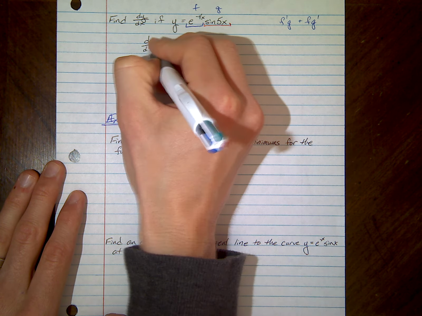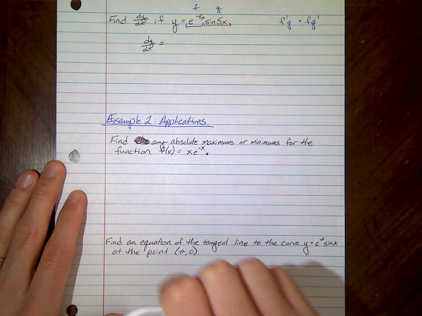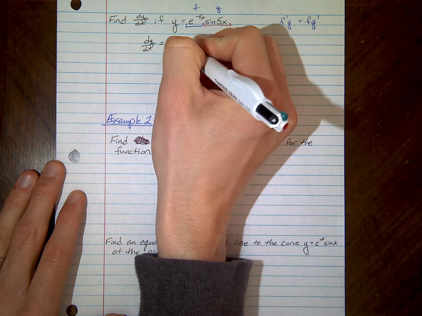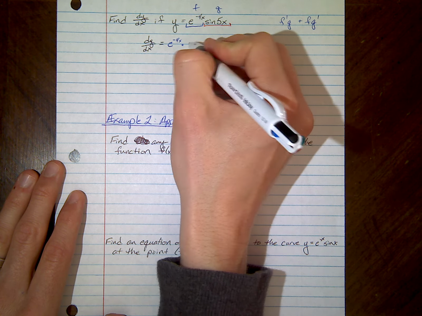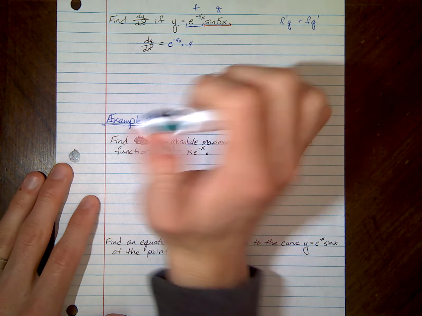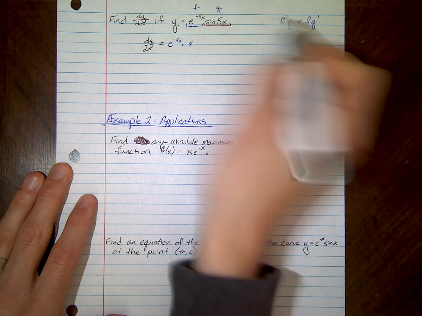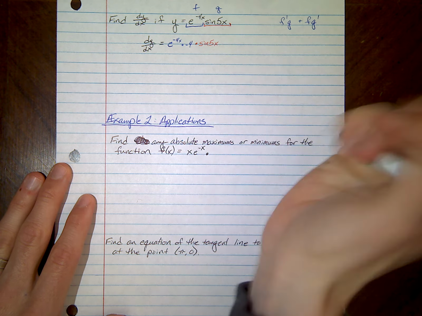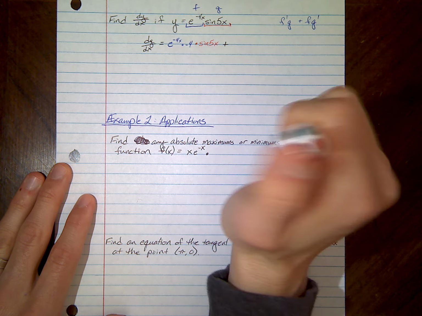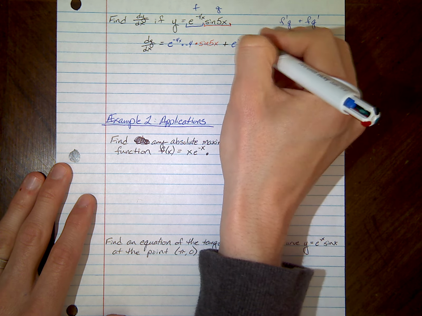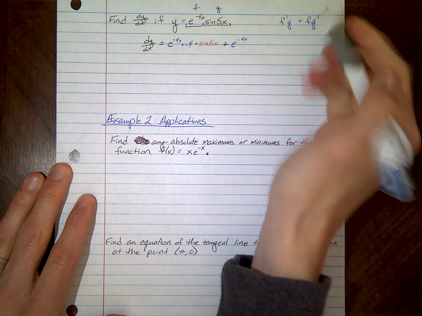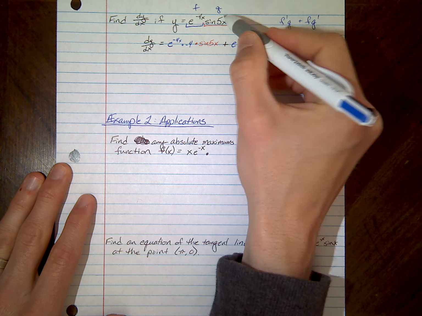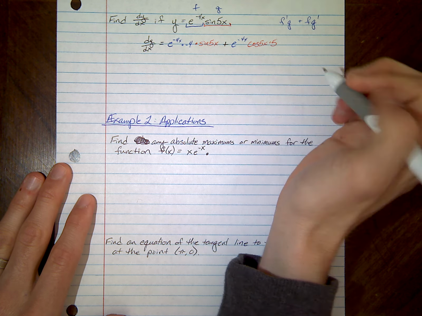So dy dx is equal to f prime, so the derivative of e to the negative 4x. Again, that would be e to the negative 4x times the derivative of negative 4x, which would be negative 4. Okay, that's that times g, which is just sine of 5x, okay, plus the original f function, e to the negative 4x, times the derivative of sine of 5x, which would be cosine of 5x, and then again chaining it, derivative of what's inside would be 5.